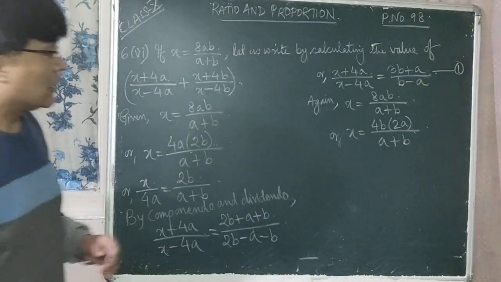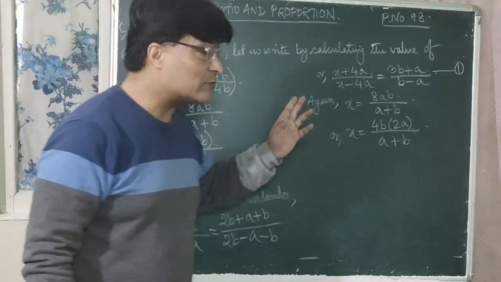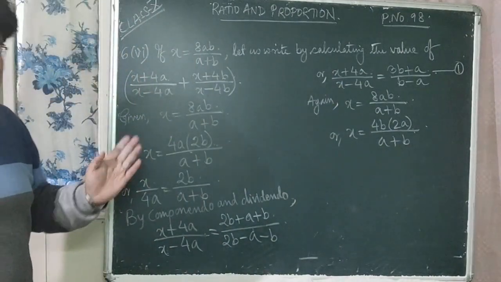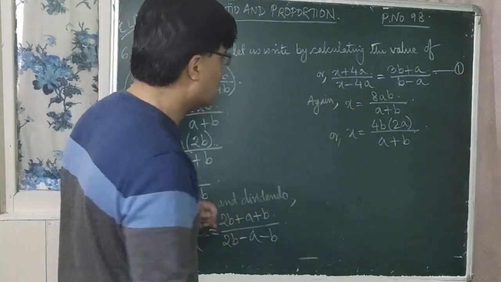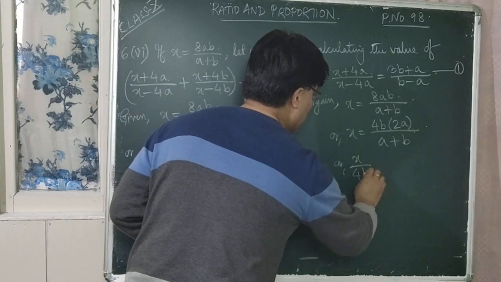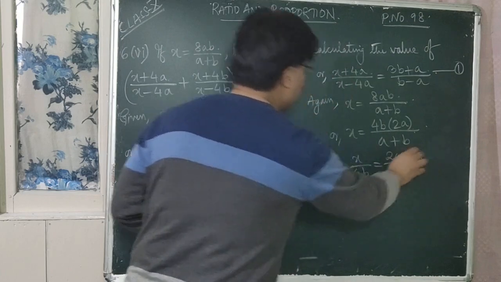Right? Now let us take that 4b to the left hand side. So actually it is 4b into 2a. So when this 4b goes to the left hand side, you should write it in the denominator. Okay? That is x upon 4b is equal to 2a upon a plus b. Okay?